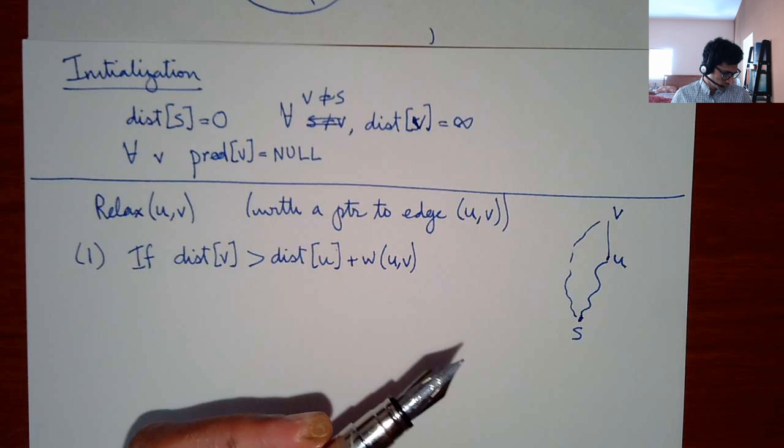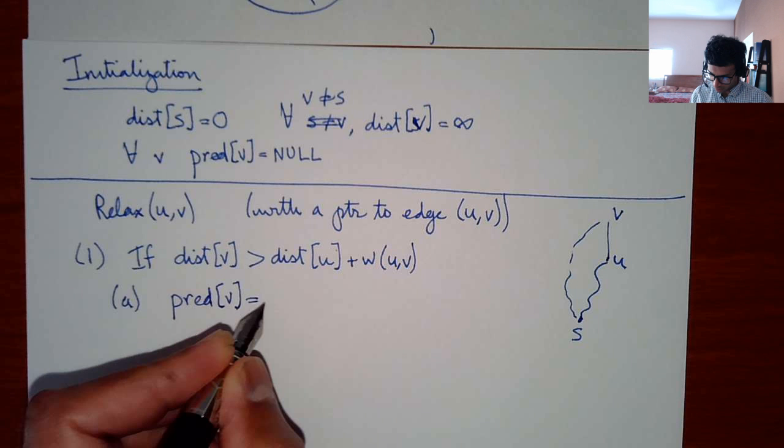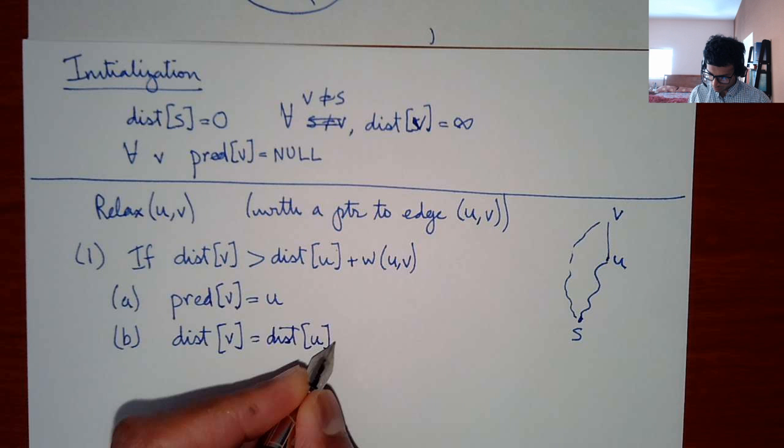The distance is an estimate, not the true shortest path distance. If the current estimate is more than the estimate to u plus wuv, then you update. You set the predecessor of v to be u, and you set the distance of v to be equal to the distance of u plus wuv. So this is the procedure relax.